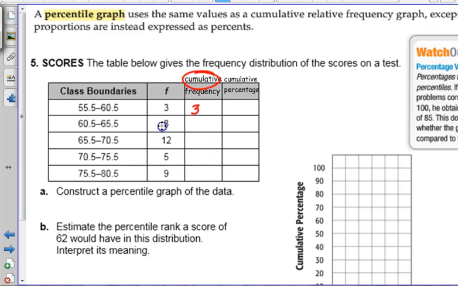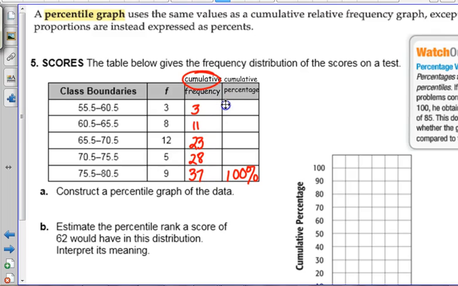So if 8 people got this score, we're up to how many people altogether? 12 got this score. So now if we add those 12 in, we're at 23. 5 people got this score, we add them in, 9 people got this score, we add them in, we're at 37. So there's a total of 37 people. So that's going to be the 100th percentile when we get there. But we're going to divide these by what?